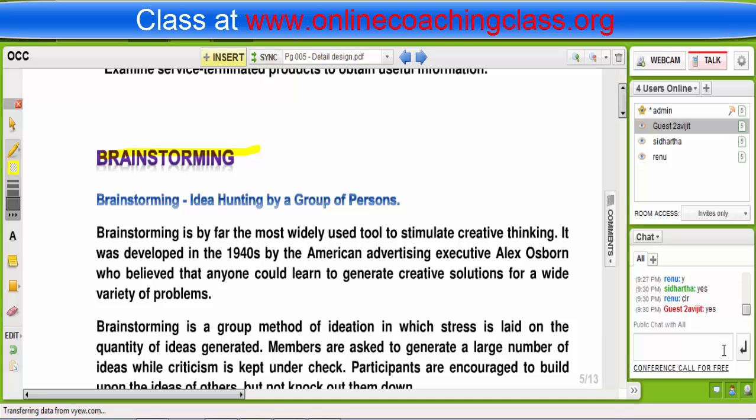Now in the brainstorming process, what actually happens? A team is formed by a different set of people. Suppose the managing director calls a seminar or conference of different categories of people like designers, design engineers, executive engineers, marketing engineers, dealers, distributors.